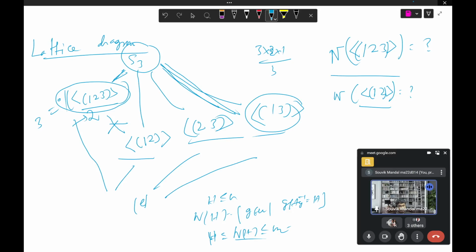But for the second one, the normalizer of the subgroup generated by 1, 2, you need to think. You need to consider the lattice diagram, because the subgroup generated by 1, 2 is not a normal subgroup, right? Without using this it is possible, but the lattice diagram is a tool to solve it. So try to use the lattice diagram.